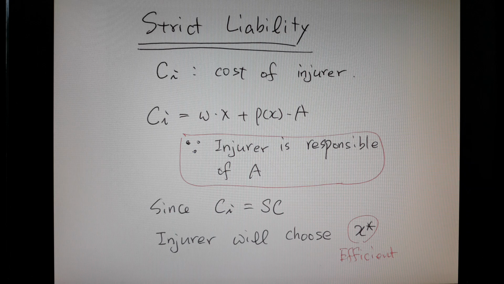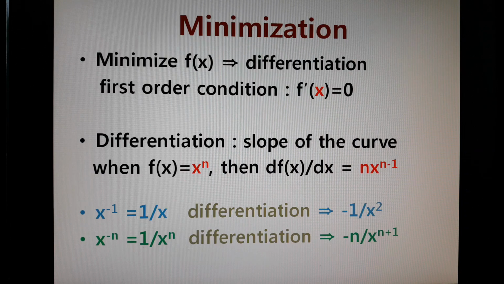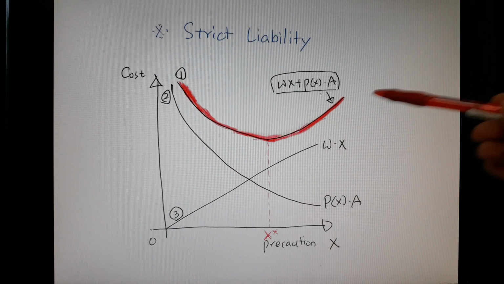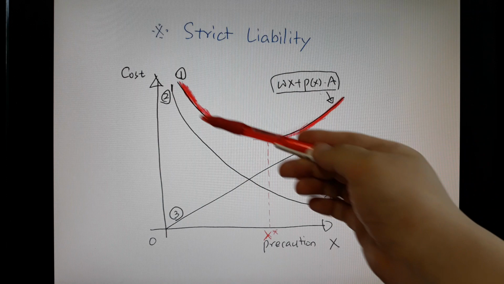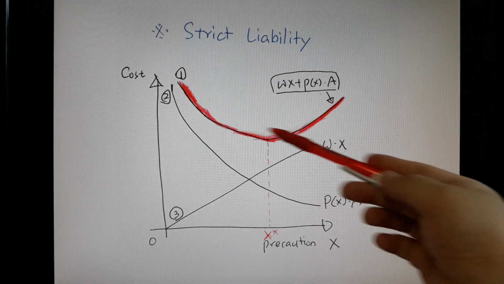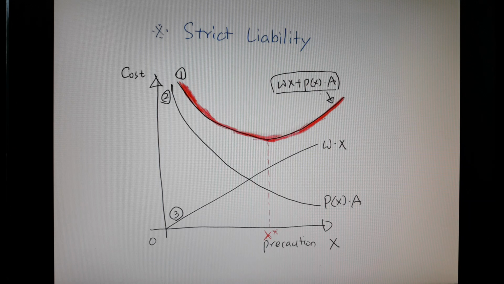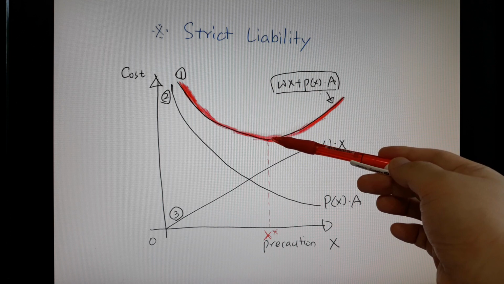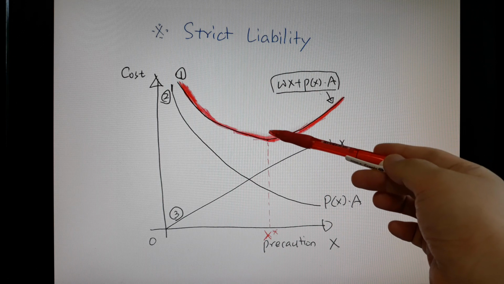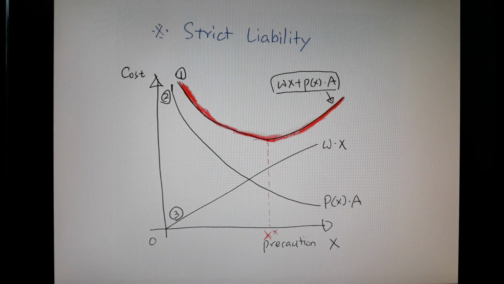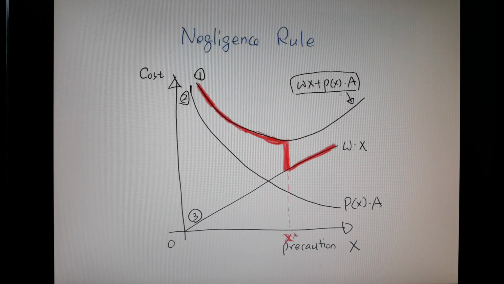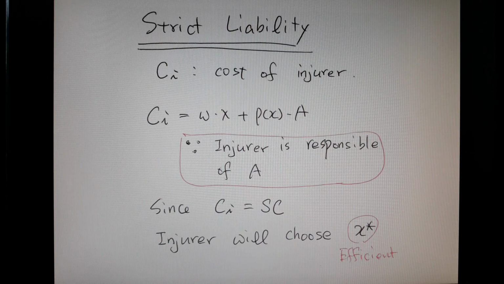Okay, once again, we do the same thing. Sorry, I'm going back. Under strict liability, I told you that the cost of the injurer would be the same as the social cost. So that is why the injurer would choose the socially optimal precaution level. Let's look at that.